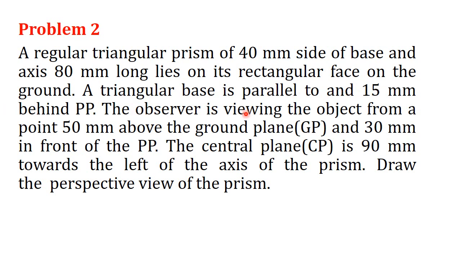The observer is viewing the object from a point 50 mm above the ground plane and 30 mm in front of PP. The central plane is 90 mm towards the left of the axis of the prism. Draw the perspective view of the prism.